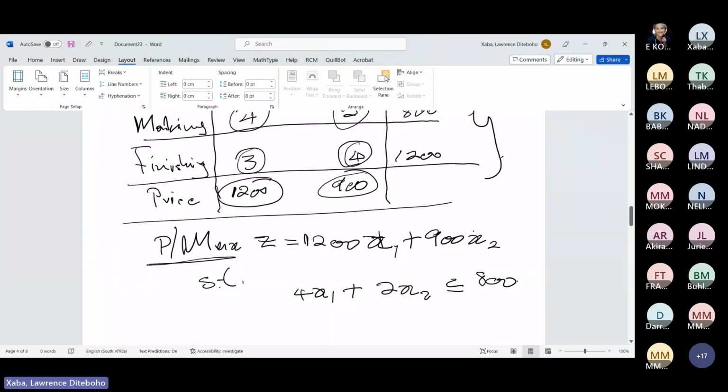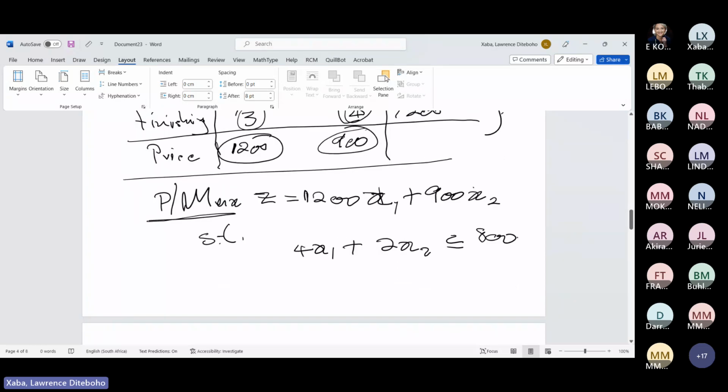That is the first constraint. The second one is 3x1 plus 4x2 less or equals to 1,200. So our non-negativity restrictions, x1 and x2, are greater or equals to 0.